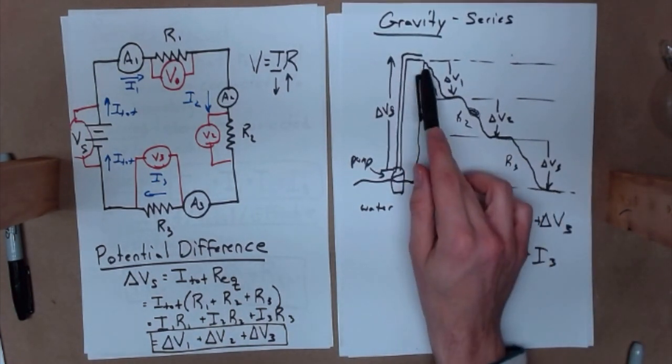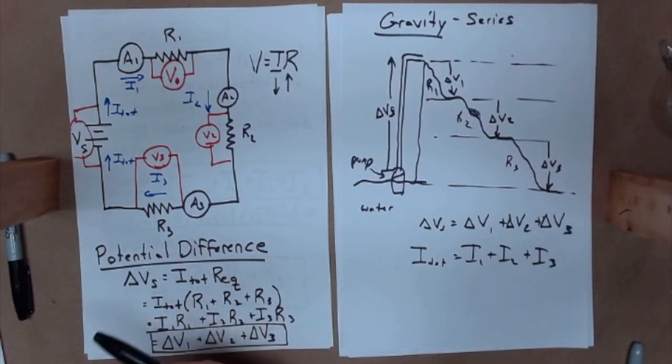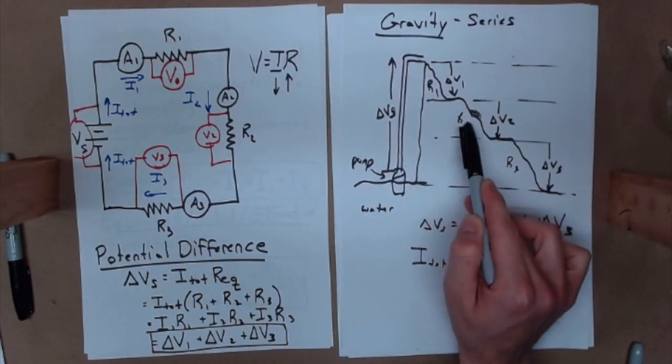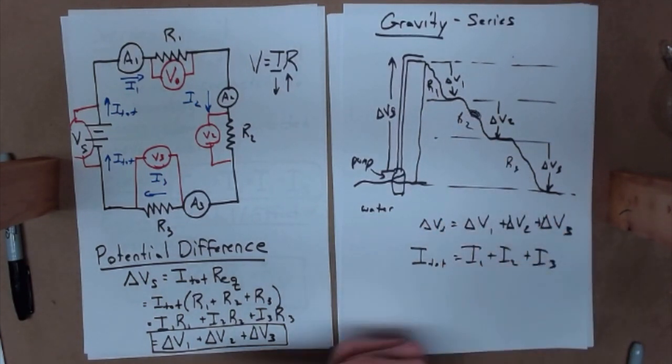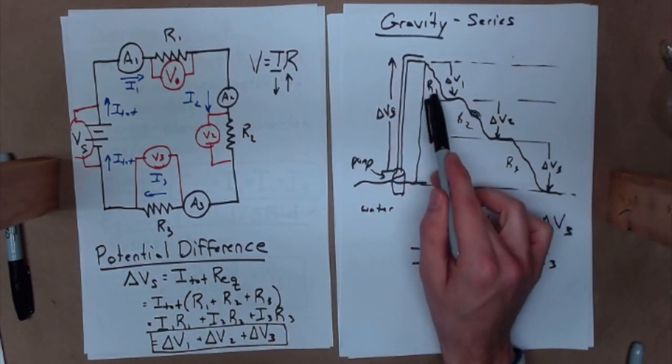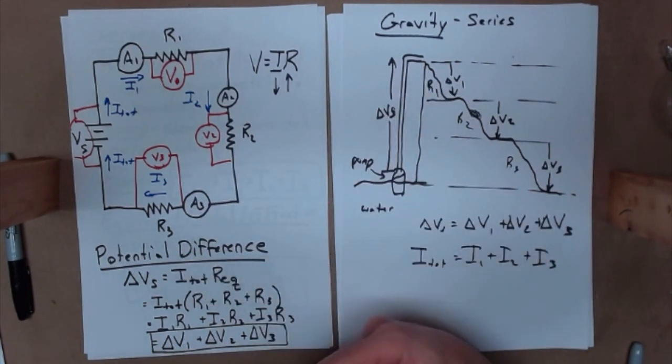Well, when water runs down a hill, we say that it's a current, it's a river, right? It's flowing. Each of these little drops I'm going to define as being R1 or R2 and R3. Now, I know the analogy doesn't hold perfectly because going down is a lower resistance, so it's not perfect, but I think it gets the point across.